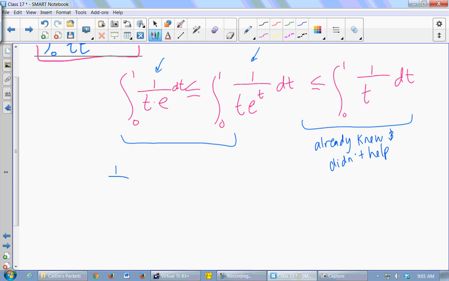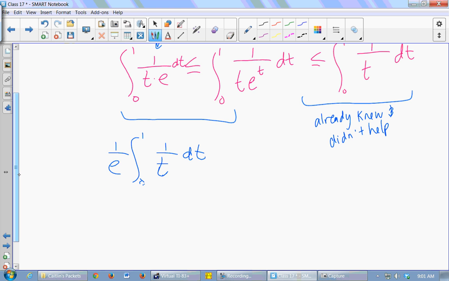I can pull out a 1 over e. This is always less than or equal to my integral of interest. And what do you know about this function on 0 to 1? The integral from 0 to 1 of 1 over t dt.